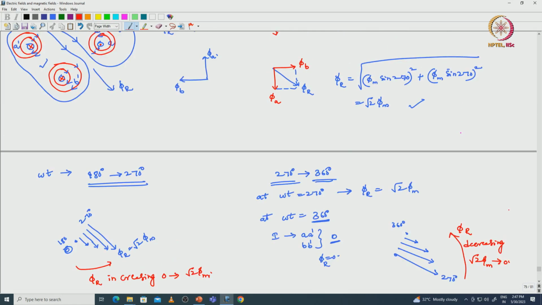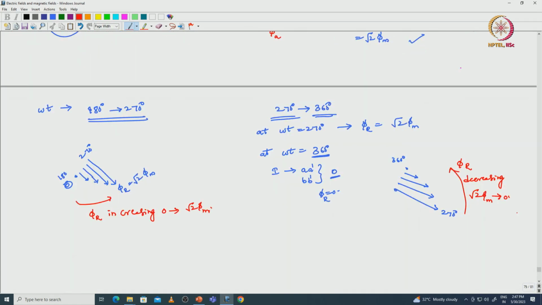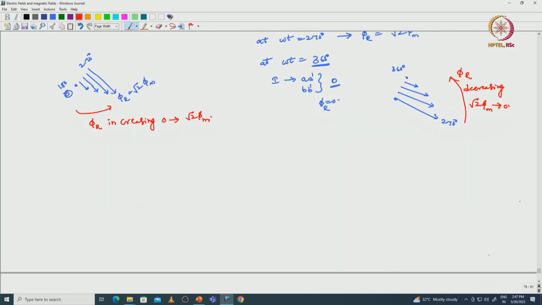So, we have analyzed the direction of the resultant flux as well as the magnitude. Now, we will draw the resultant magnetic field or flux vector on an xy plot.